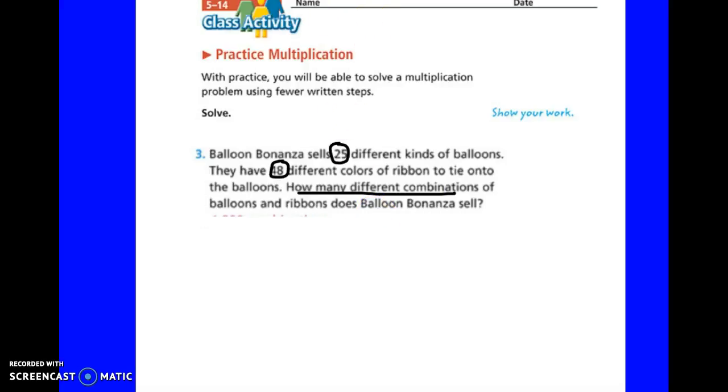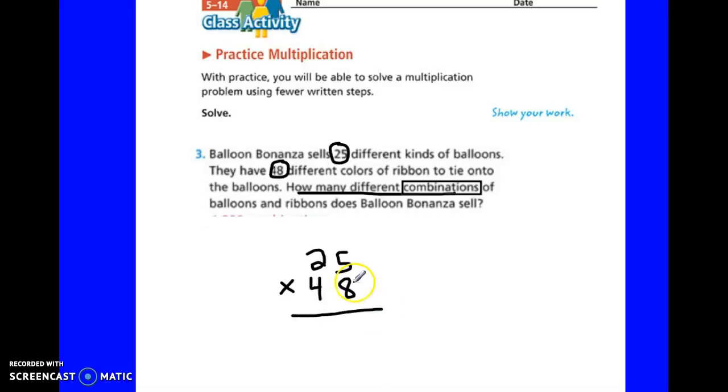And that combination word is a key word for me. When I think of combination, I always think I'm going to have to multiply to figure out those combinations. So we're going to go ahead and multiply here. 25 times 48.